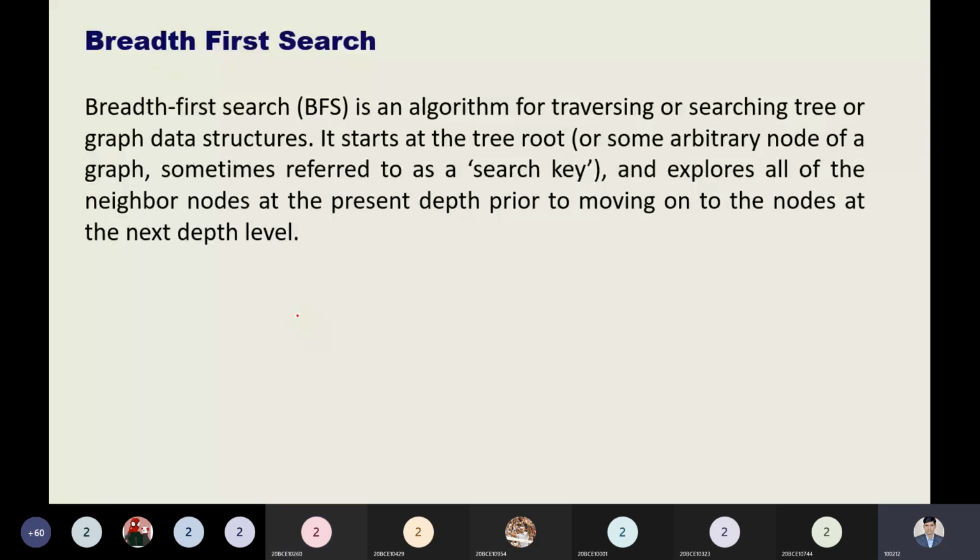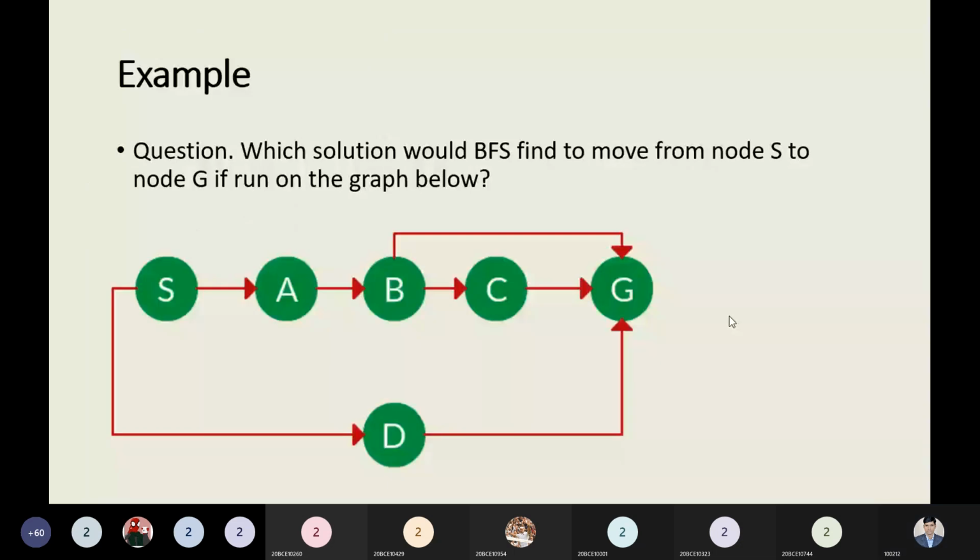Okay, to understand this concept, let me draw this example once again, the same example, now for BFS.